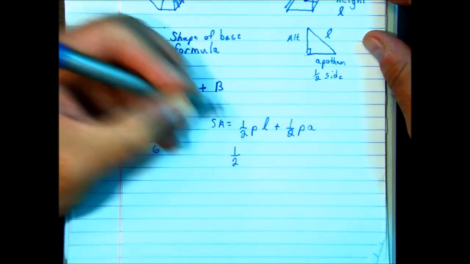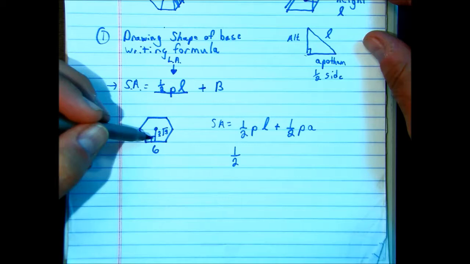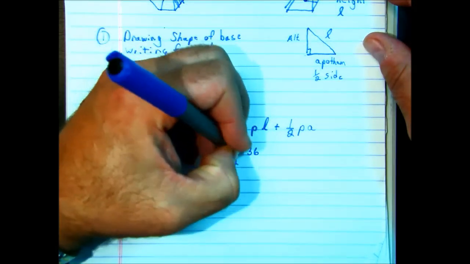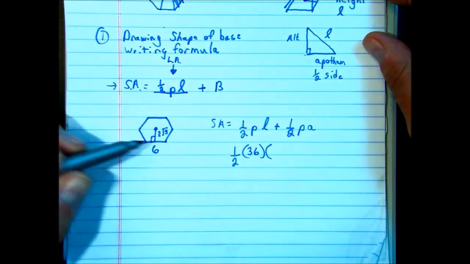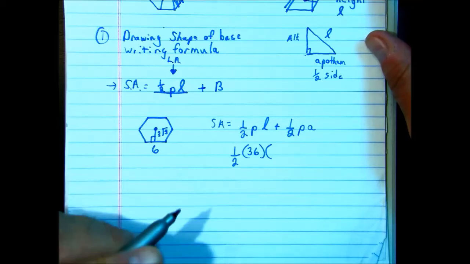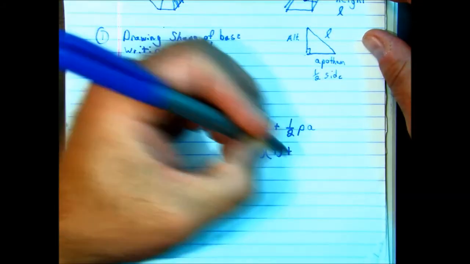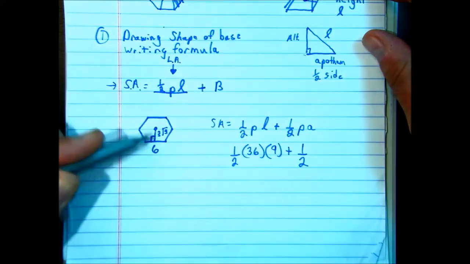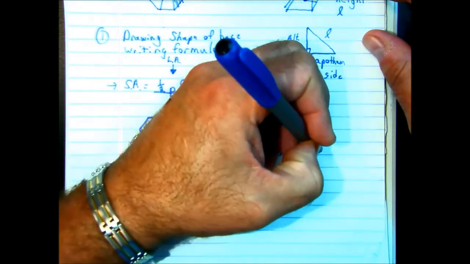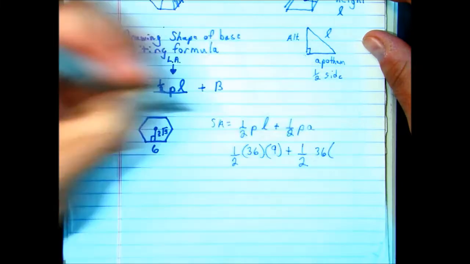It's 1/2 perimeter. That perimeter is 36. Slant height, it's not on my original picture, which would make it 9, plus 1/2 perimeter, 36, times apothem.